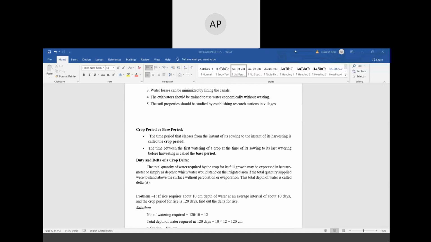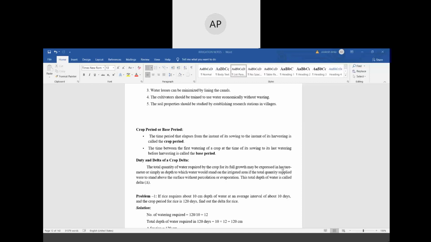There is a method called lining of canals, and I will explain it later when we go in depth into the chapter on lining of canals. There are various methods of lining the canals.